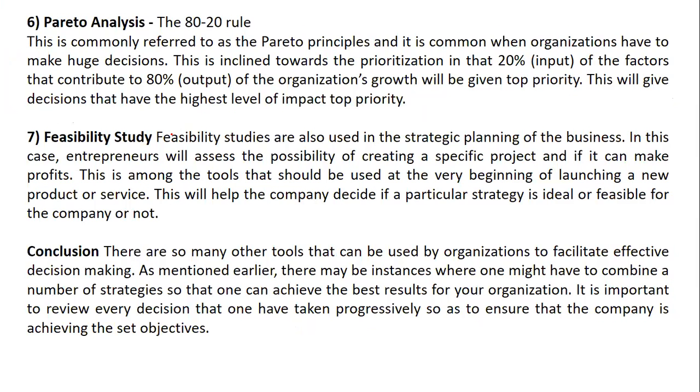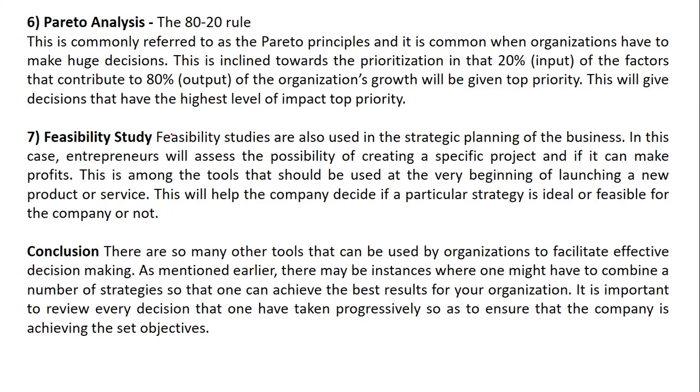Next one we have is Pareto analysis. It's called the 80-20 principle. Now 20 is the input you're giving, and against that, the output you're getting is in the form of 80%. So this is one of the common rules, also called the Pareto principle, which organizations utilize when they make huge decisions.